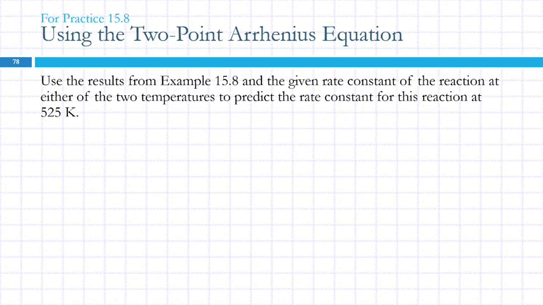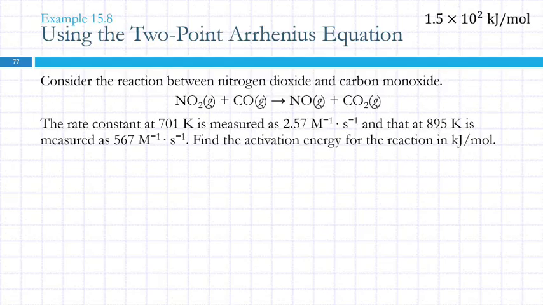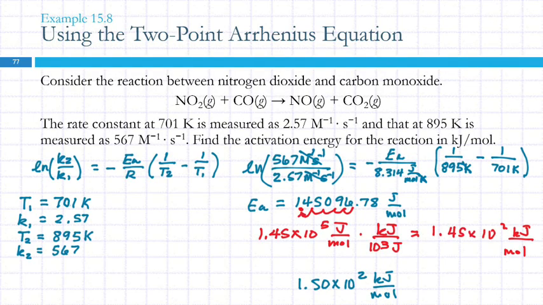So use those results and the given rate constant at either of the 2 temperatures to predict the rate constant for this reaction at 525. So I'm going to use these 2 guys, 701.